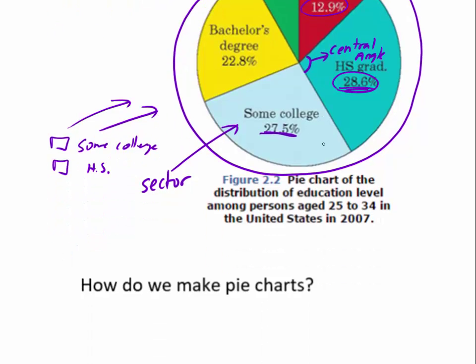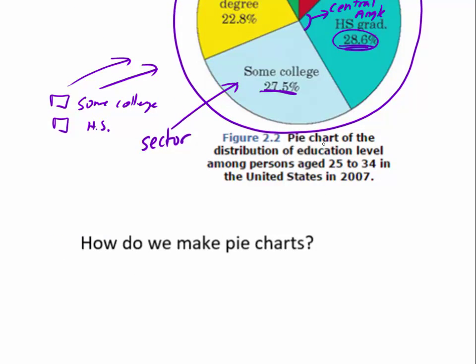So how do we make pie charts? The first thing that you have to do in order to find the central angle, because all of these angles should add up to 360 degrees, is, they should add to 360 degrees. That's really important. What we do is we take a part and divide it by the whole.